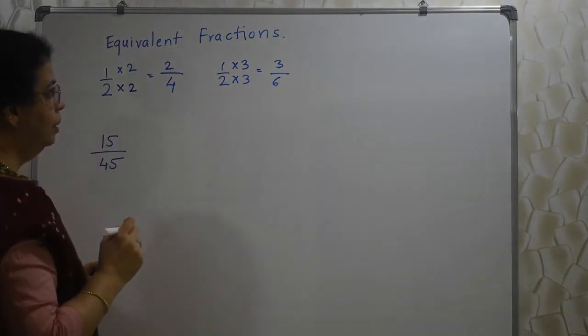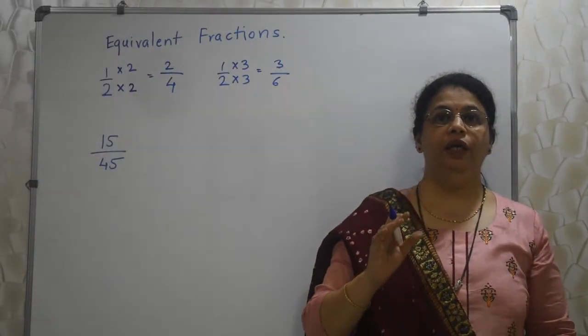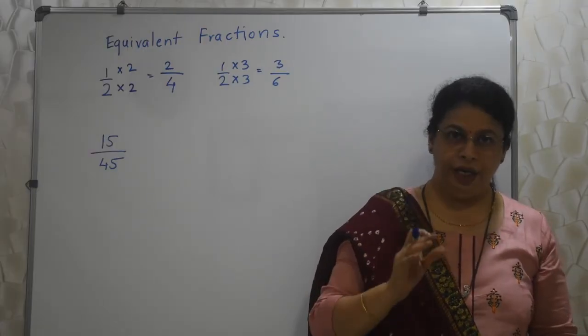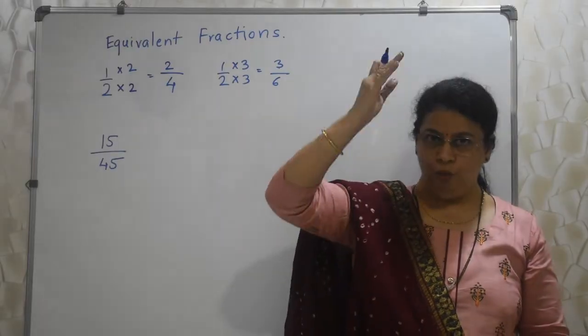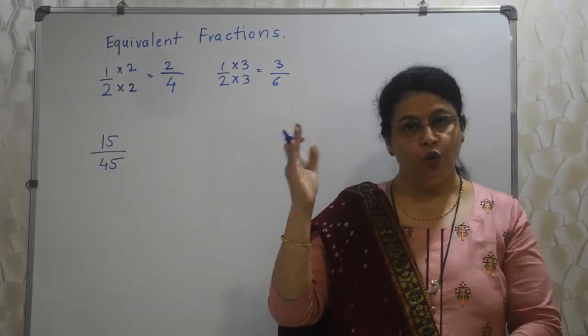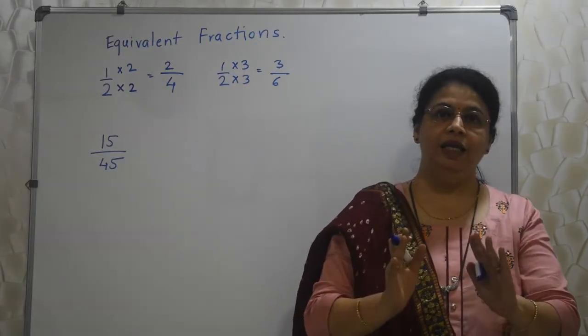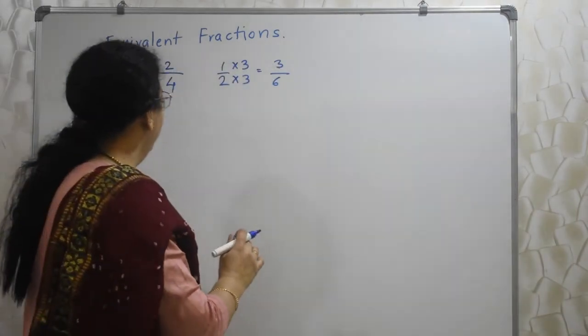So students, whenever we give the same treatment to the numerator as well as denominator, it may be multiplication on both the sides or division on both the sides, whatever new numbers or new fractions we get, their value is exactly same as the original fraction. What does it mean?